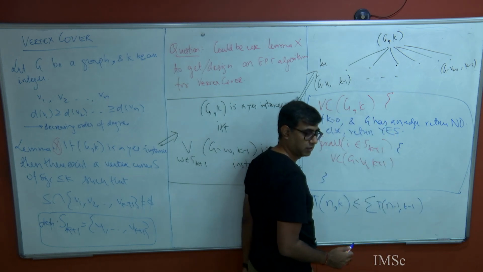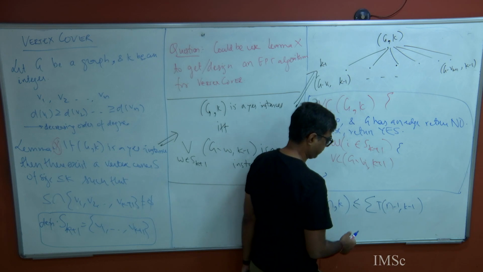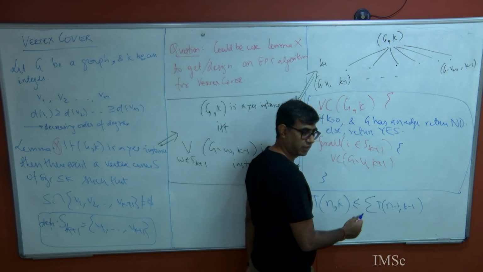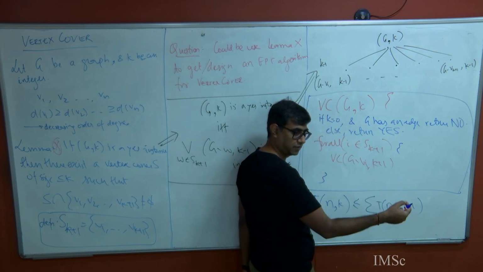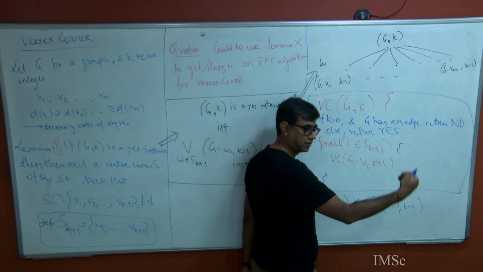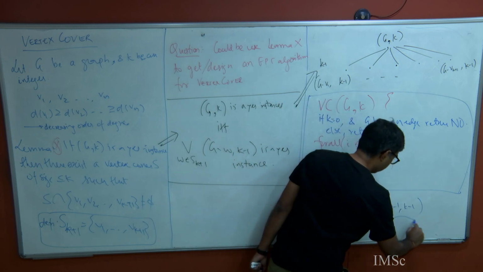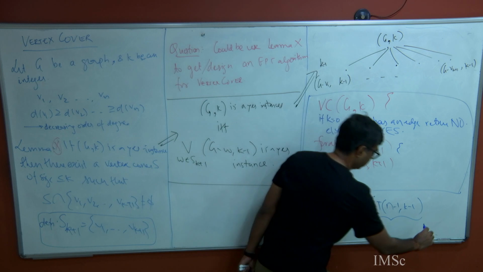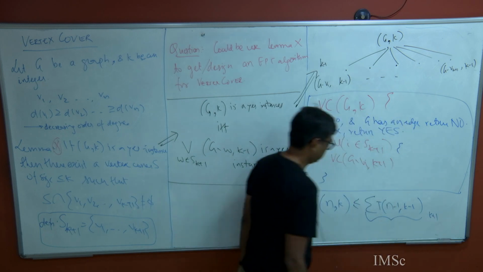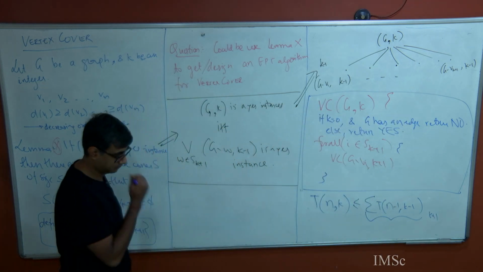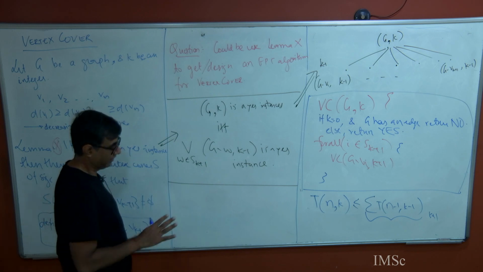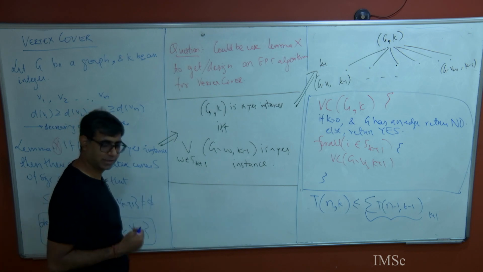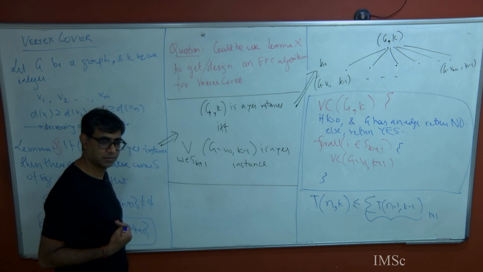Is this correct? So it is either this running time plus this instance's running time plus that instance's, but how many of them are there? k plus 1 of them. Okay, this looks a bit ugly, we can make it nicer. How?